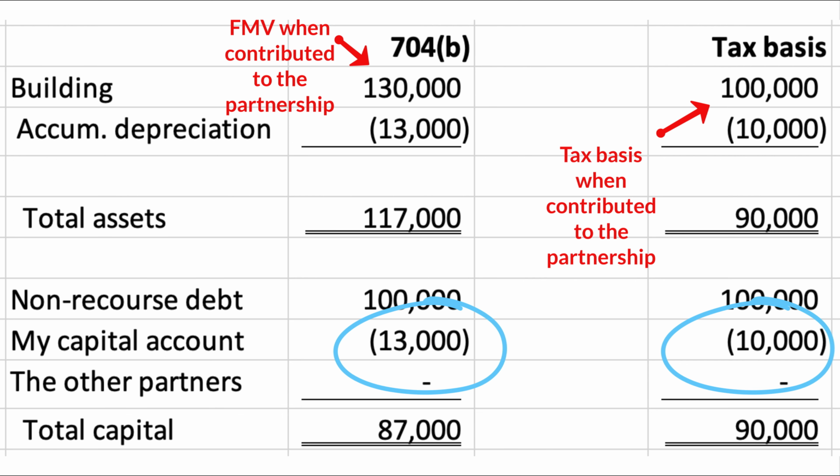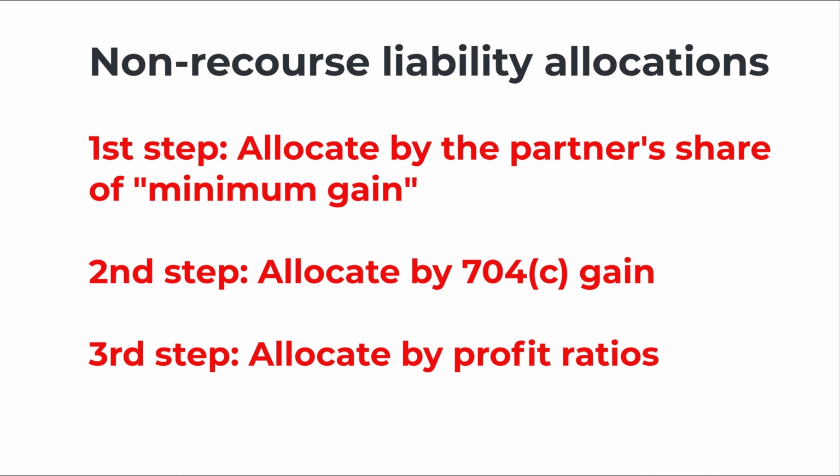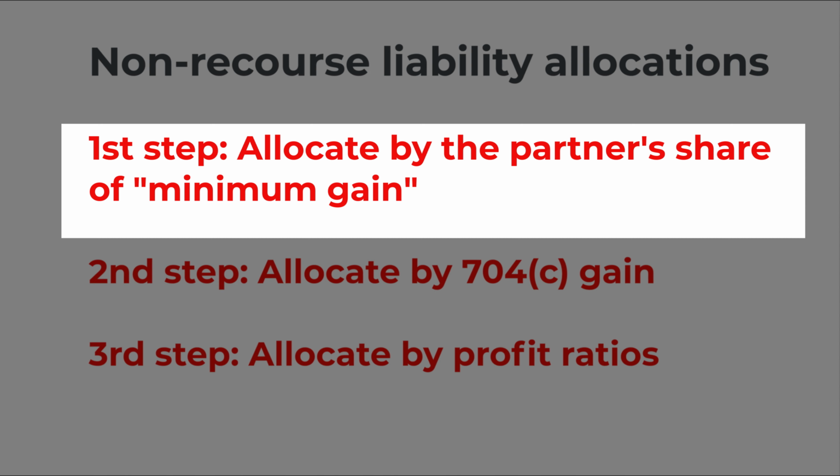We'll sidestep that question for now and handle it in another couple of videos about IRC Section 704C. The minimum gain allocated to a partner is also used in allocating a portion of non-recourse debt to a partner at the end of the year. But we'll look at non-recourse debt allocations in another video.